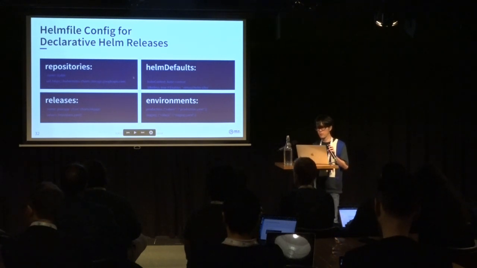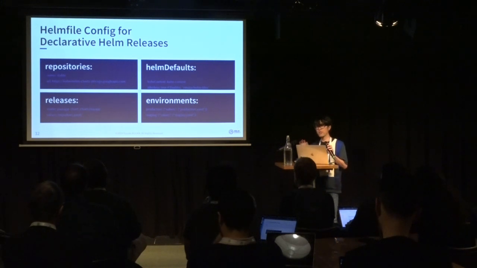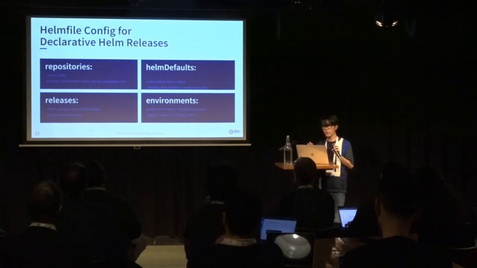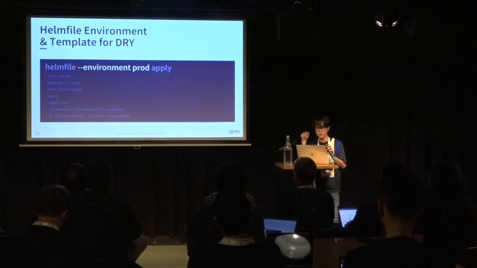and finally environments. You need to deploy production environment and staging environment. Or you maybe need a prerequisite environment. You can define every environment under this environment section. Okay, and you can also use Helmfile template for templating your desired state.